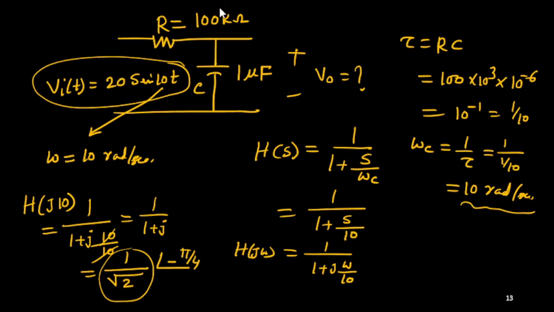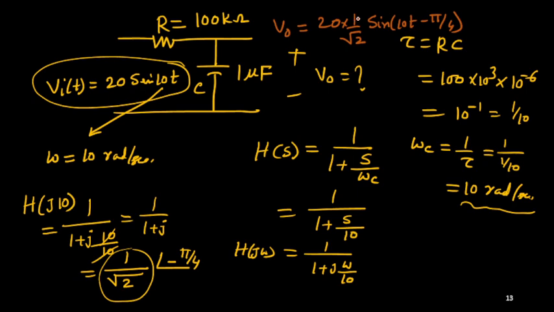Can you tell me the exact output voltage? It is 20, and this magnitude is multiplied, 1 upon square root 2. Sine 10t remains the same, and the phase minus pi by 4 is added. That's all, and you can simplify it. It is 10 square root 2 sine of 10t minus pi by 4.